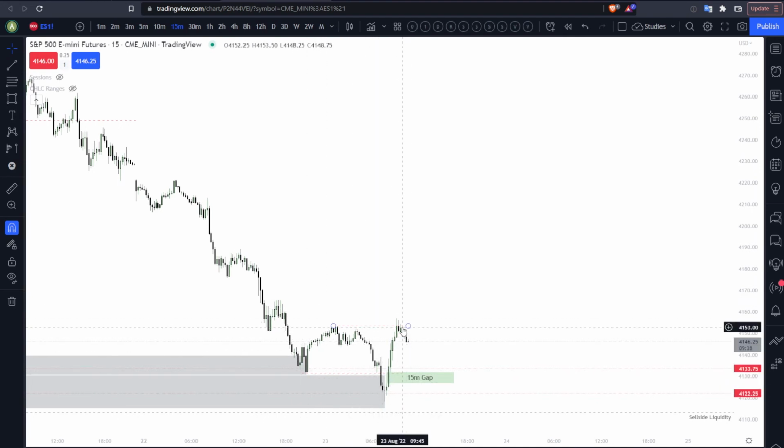So I would expect price now to get back into this gap, and if we do not break below this low but continue higher, then I would expect Bitcoin to practically follow the same trajectory.